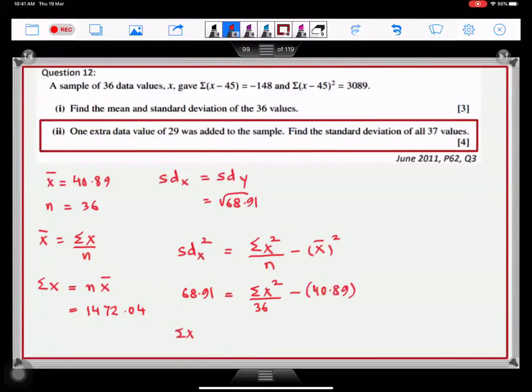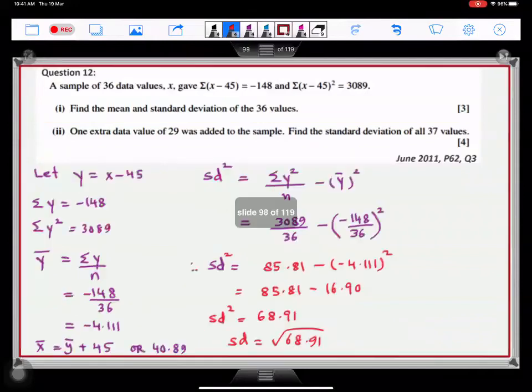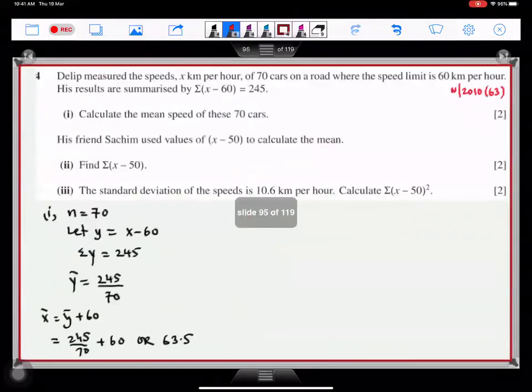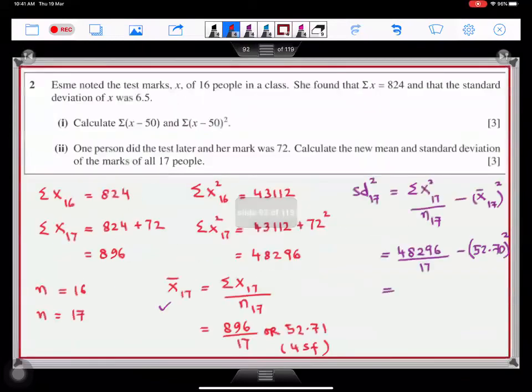Therefore, if I make sigma x square the subject, that is 68.91, which was already squared, plus 40.89 square, bracket close, multiplied by 36, and you get a value. Then the working would be as simple as this particular working.